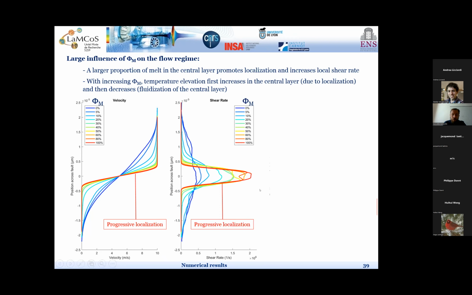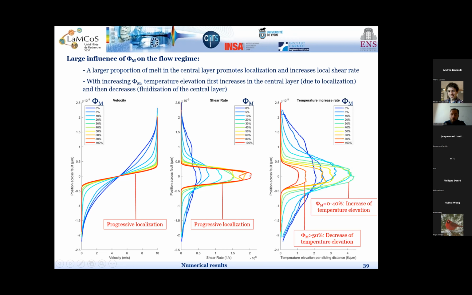This has consequences, of course, on the shear rate. So in the case of 0% molten grains, the shear rate is distributed here and not very intense. But when we go to a very large proportion of molten grains, the shear rate is extremely narrow and very high in this region here.